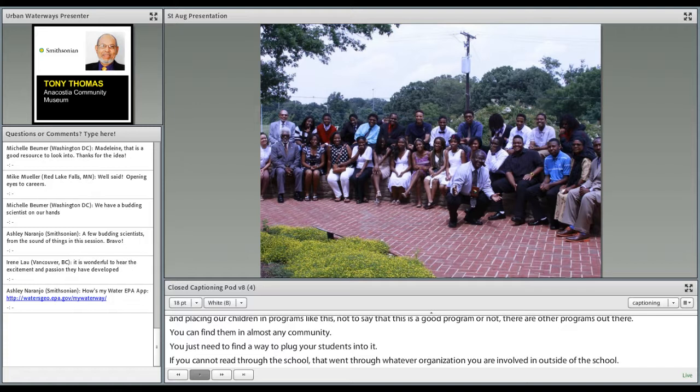Urban Waterways has curriculums. There's many of your institutions of higher education, your colleges and universities, they have programs that you can matriculate your students through in summer camps and so forth. Wonderful. So I encourage teachers, it's going to take some work, but it's well worth the return on the investment.